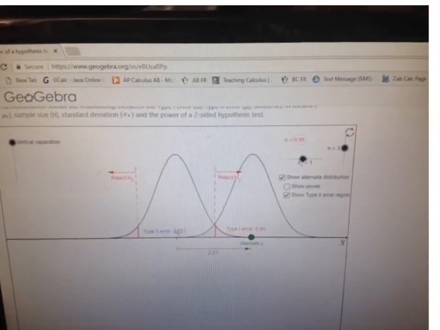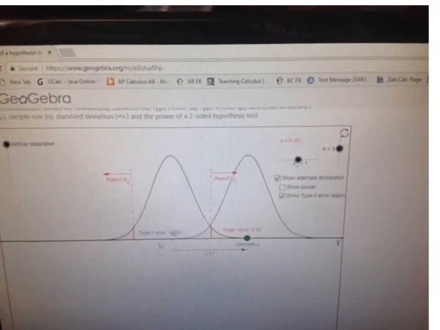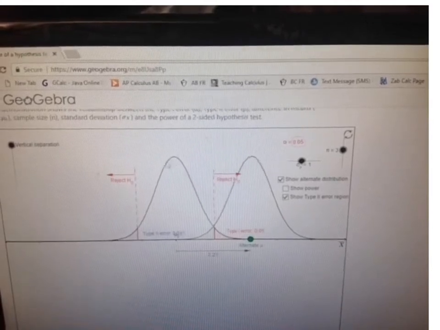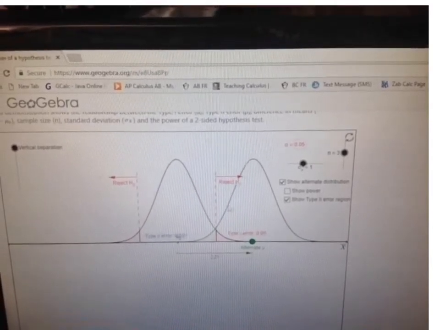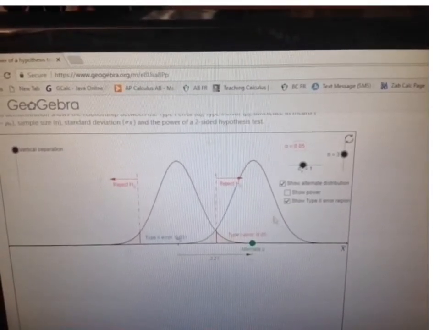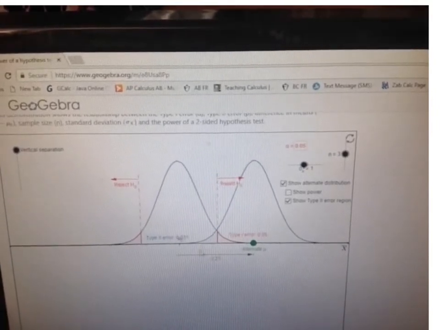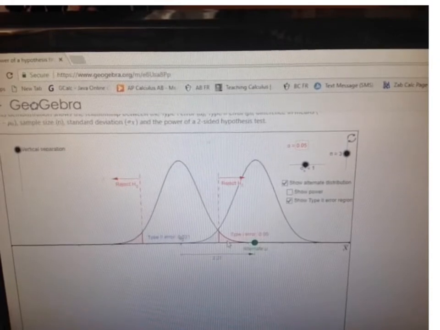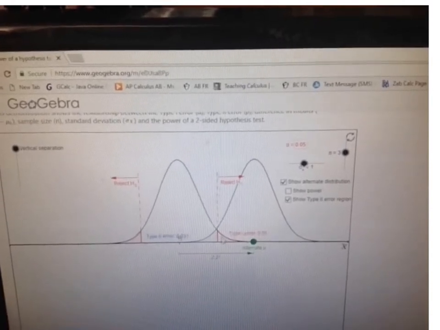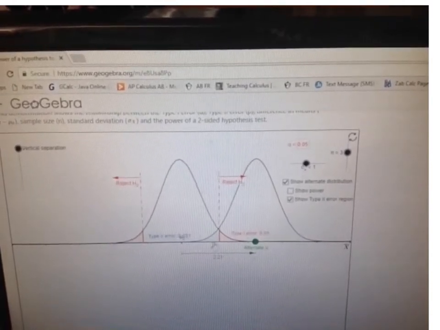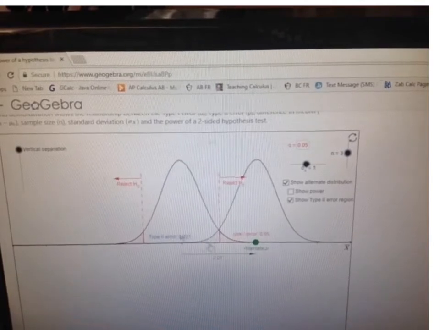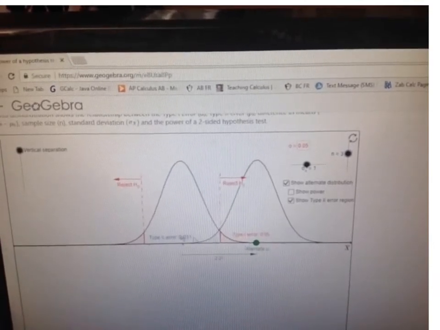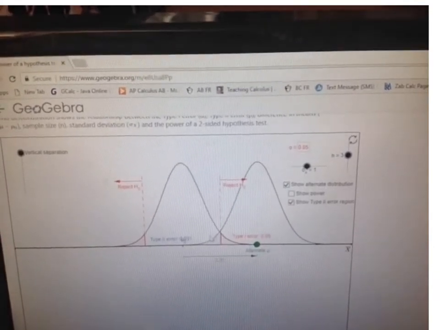So here's what I was referring to, this curve. And this on the left is the null and this is the alternative. You can see I set the significance level at 0.05, so it's just cutting off 5%. That's my type 1 error. And the type 2 error is the part of the alternative distribution that is causing us to not reject the null.